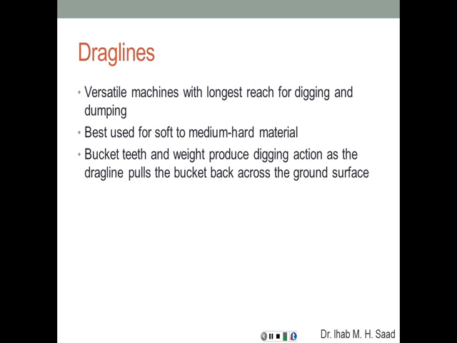So basically we rely on the weight of that bucket falling under gravity and then pulling that bucket to fill it with soil. The higher the point of attachment, the better the penetration, because from a higher altitude it is going to fall with a bigger impact on the soil.